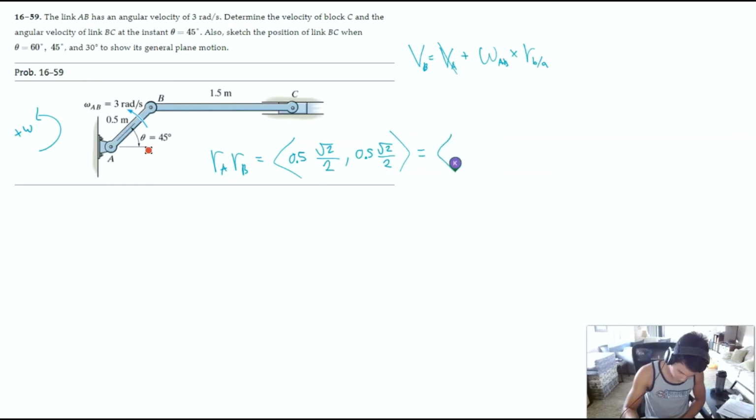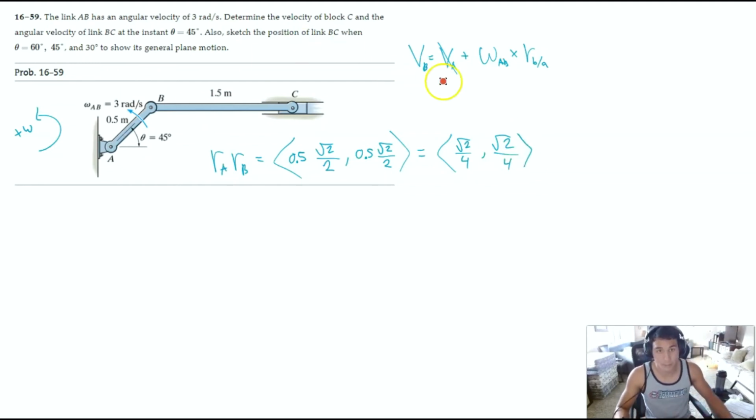I'll write this as root 2 over 4. Because that's what it is. Right? Root 2 over 4. Okay. And again, this is going up and then going up. Okay, so we got everything we need, so we can find what VB is here.